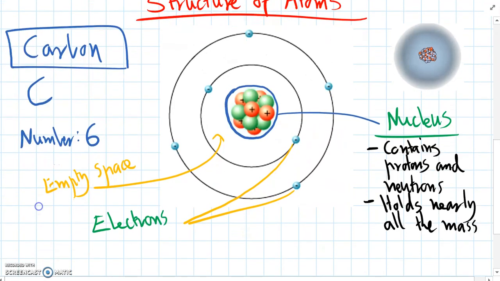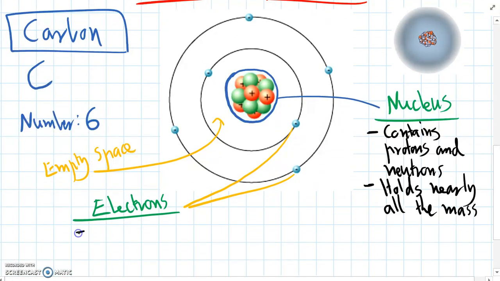And the electrons, they fly around, and you can see on this picture, similar to planets orbiting around a sun. Except they're moving so fast that we can't see them, and we don't even think of them as being in one place. They're moving at the speed of light.